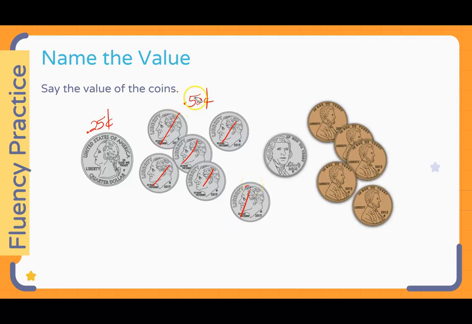I forgot one. 10, 20, 30, 40, 50, 60. I missed that one. 60 cents. A nickel. I have one, so it's 5 cents. And I have pennies. I have 1, 2, 3, 4, 5. So I have 5 cents in pennies. Okay.